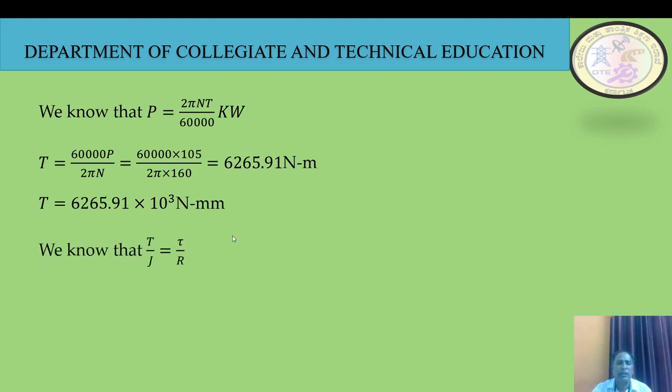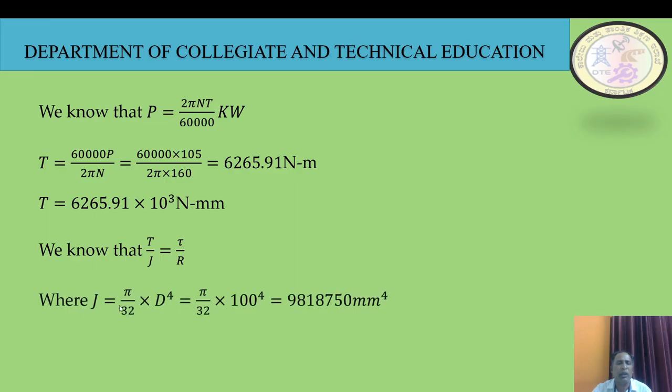So shear stress is asked. From the torsion equation, T by J is equal to tau by R. T we have calculated, J is required to be calculated, and tau is the required thing, and R is the radius of the shaft. As the diameter of the shaft is given in the problem, the polar moment of inertia of the shaft can be calculated.